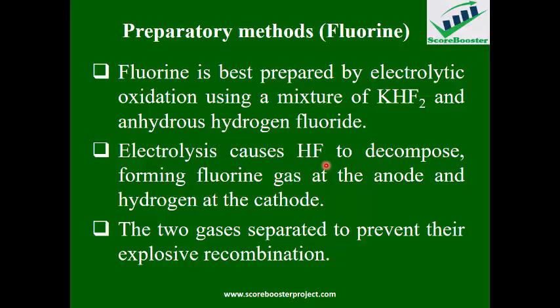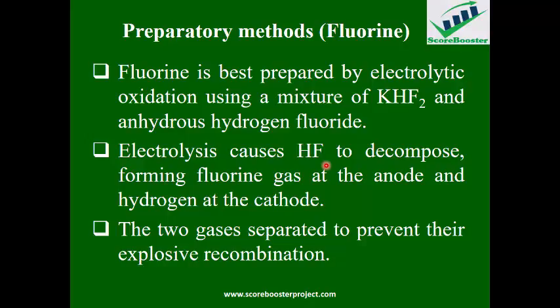Fluorine, because of its high reactivity, is best prepared by electrolysis. If you want to use electrolysis to prepare fluorine, you can have a mixture of potassium hydrogen fluoride and anhydrous hydrogen fluoride, which serves as the electrolyte.